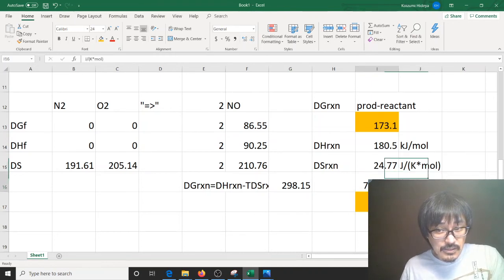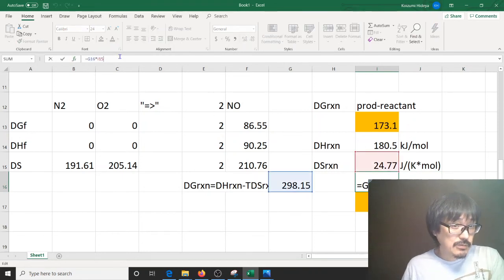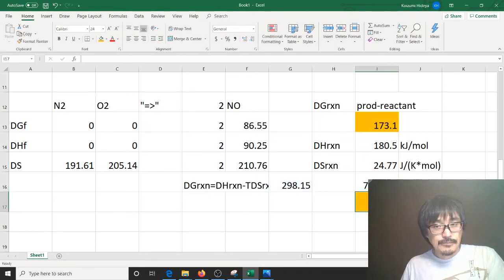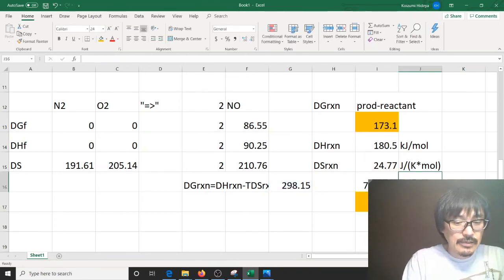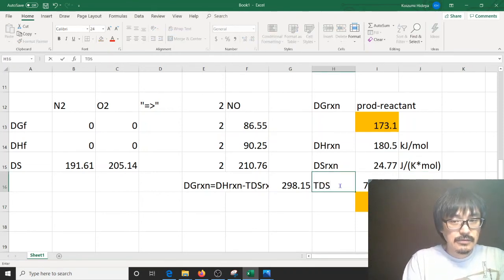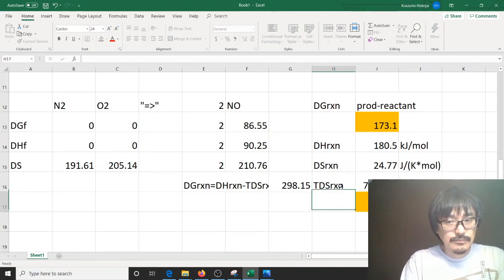Remember that this thing is in joule, and everything else is in kilojoule, so I should probably divide this value by 1000. Okay, so now I have kilojoule per mole for T delta S of reaction.